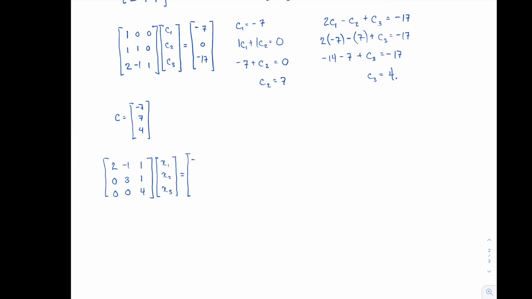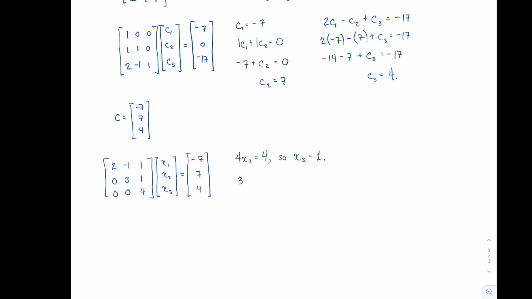And this is equal to C now. Well, C is minus 7, 7, 4. And so let's begin solving. So now, again, we're using back substitution, but this one's upper triangular, so we'll find the third variable in the vector first. So this says that 4x3 equals 4, so x3 equals 1.